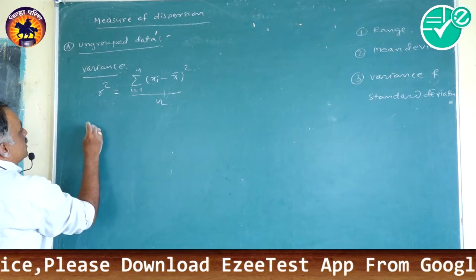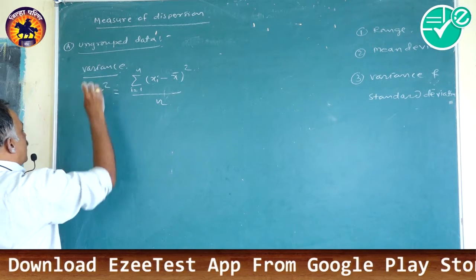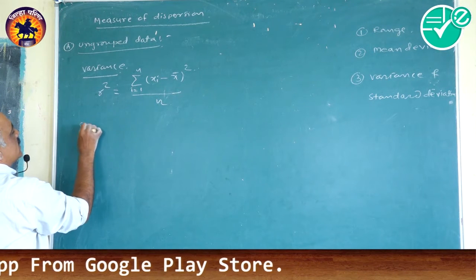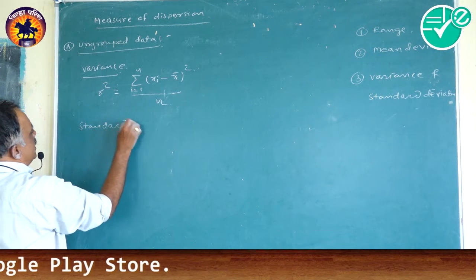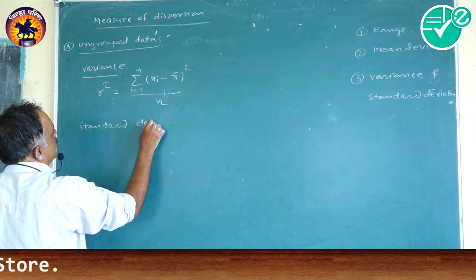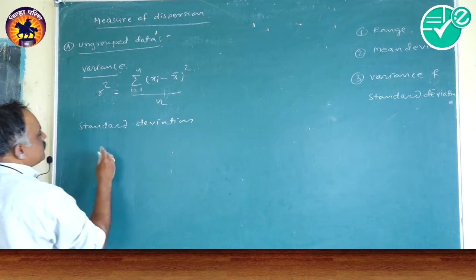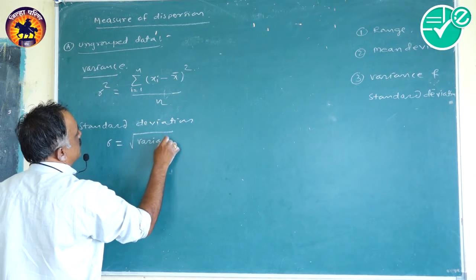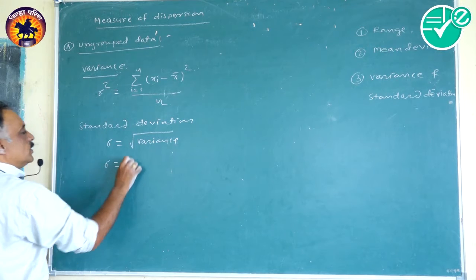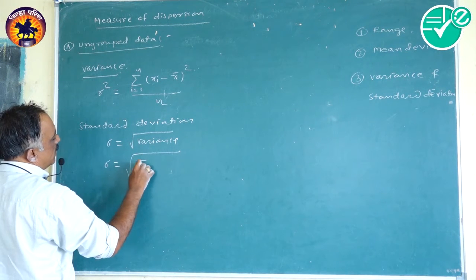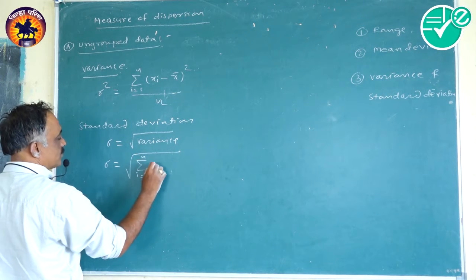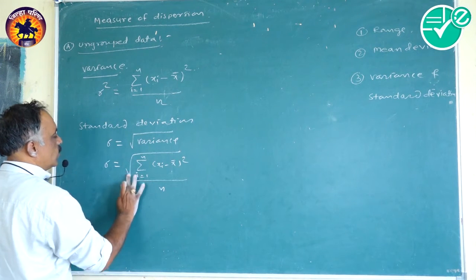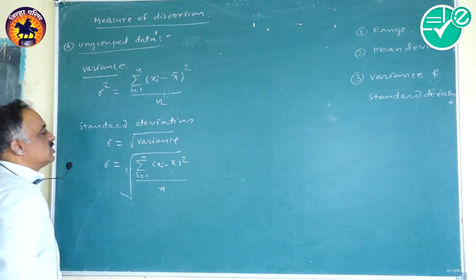So to get the actual real representation of the measure of dispersion, we take its positive square root, and that is called the standard deviation. And what is standard deviation? It is the positive square root of the variance. And therefore, sigma is equal to the square root of sigma i equal to 1 to n, xi minus x bar whole bracket square, and this whole thing divided by n. This is the formula for sigma.